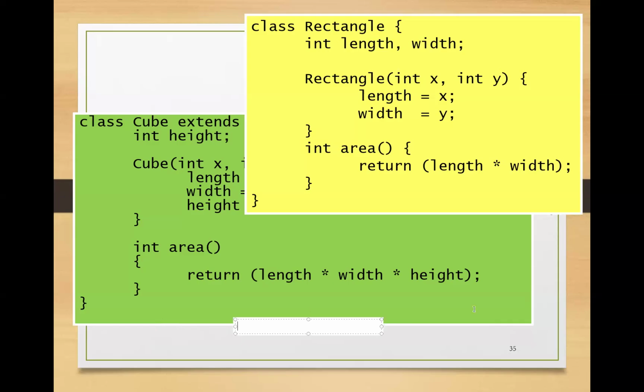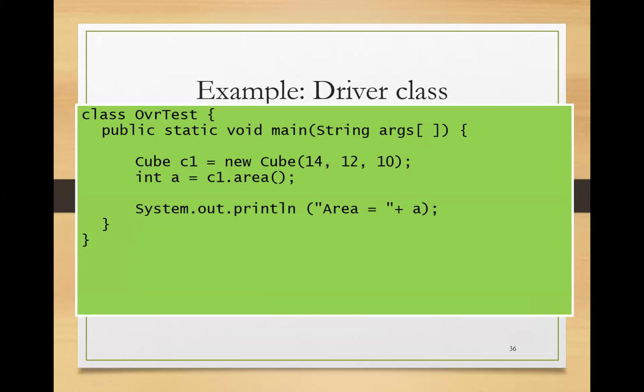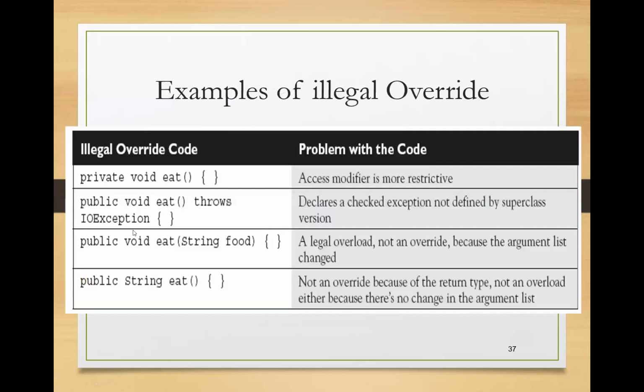Let me read this. When it comes to overriding, you can't use more restrictive access modifiers, and you can't declare a checked exception not defined by the superclass. Let's say you use public void eat(String food).